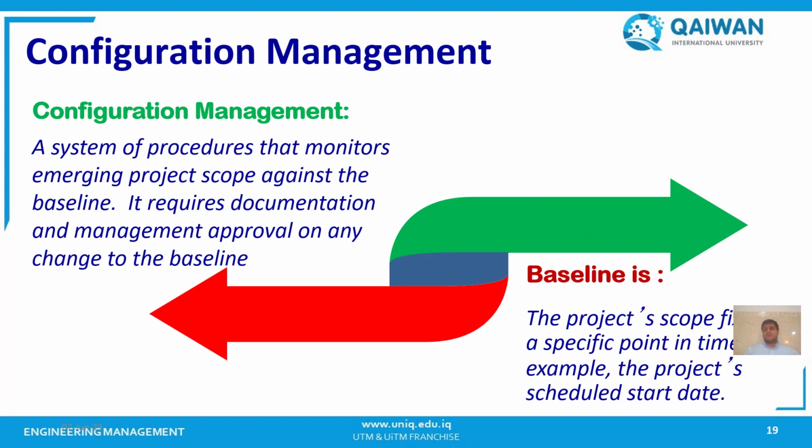Configuration management is a discipline that focuses on systematically managing and controlling changes. These are the changes that happen throughout the project lifecycle. A change may happen in the resource allocation or any kind of change.